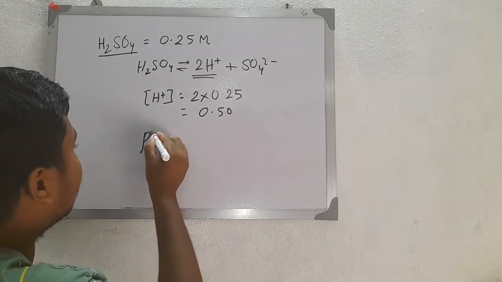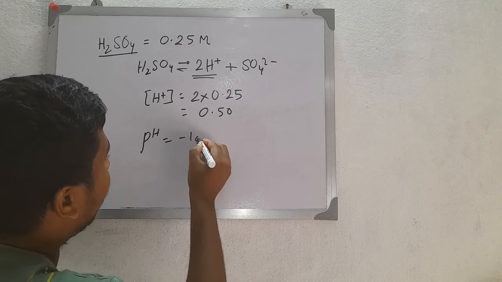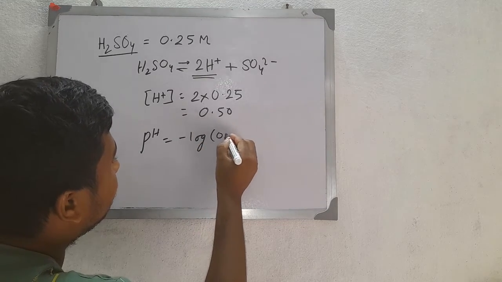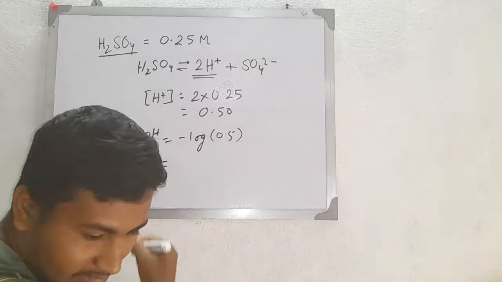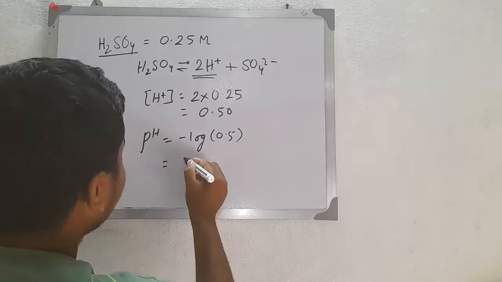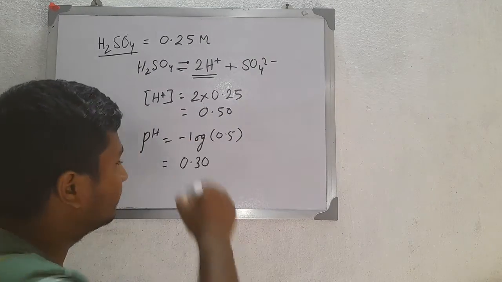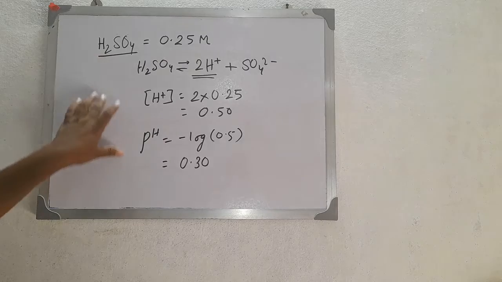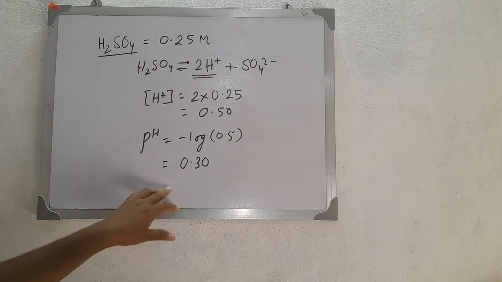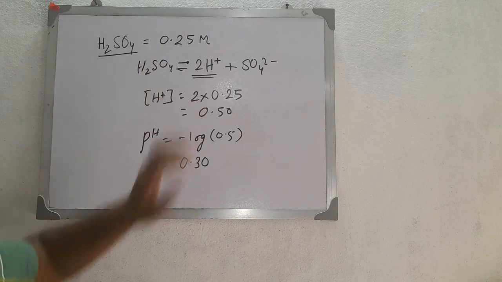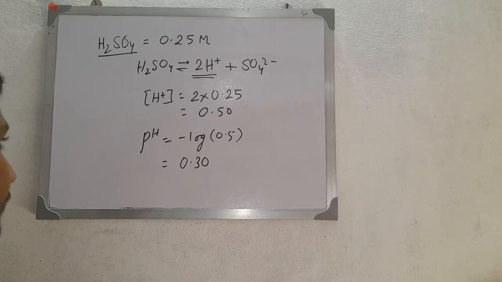So pH equals minus log of 0.5, meaning 0.30. This is the pH of 0.25 molar H2SO4.